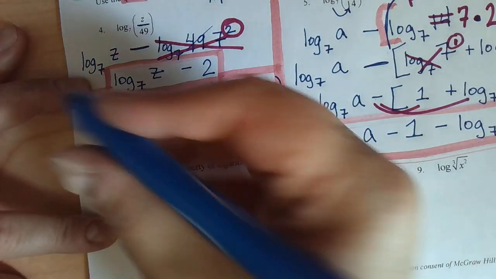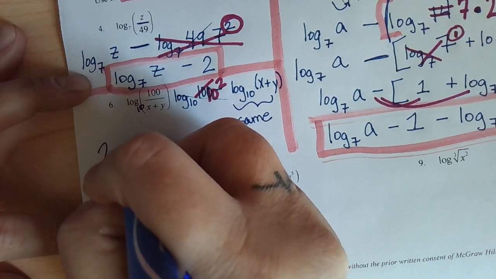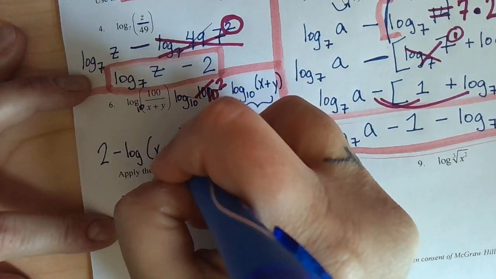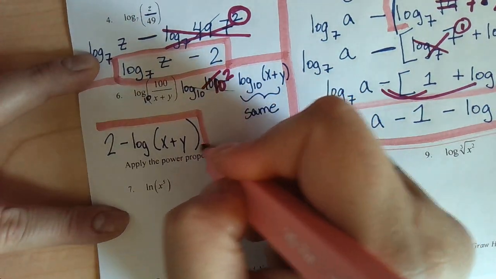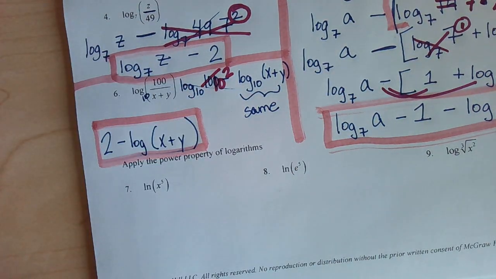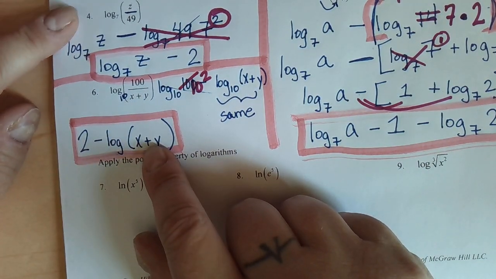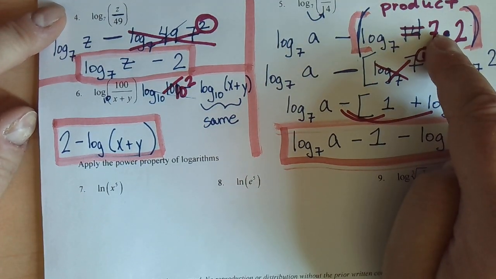And then log 10 cancels, and you just get 2 minus log parentheses x plus y. And you don't have to put the baby 10 down there in the subscript because it's understood or pretend. And again, we don't split this plus anymore because we only split it if we could turn it into multiplication.